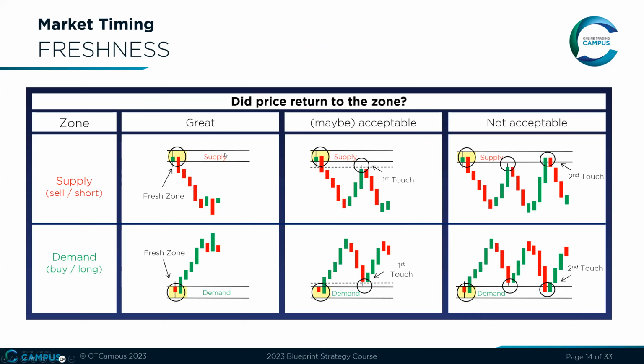We use it on the higher time frame as well. And the difference between freshness on the lower time frame versus the higher time frame is that what you see right here, a test, a first touch of the wider area, is only maybe acceptable.